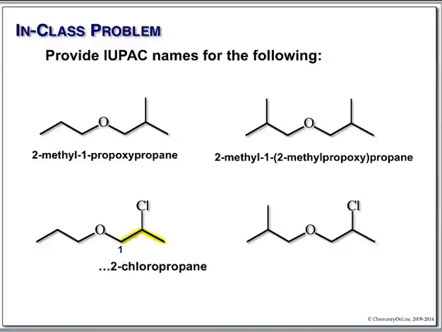Just like up top, 3-carbon chain here, so it's going to be a 1-propoxy. Putting it all together, we're going to go 2-chloropropane as our parent with a 1-propoxy substituent. 2-chloro-1-propoxypropane.